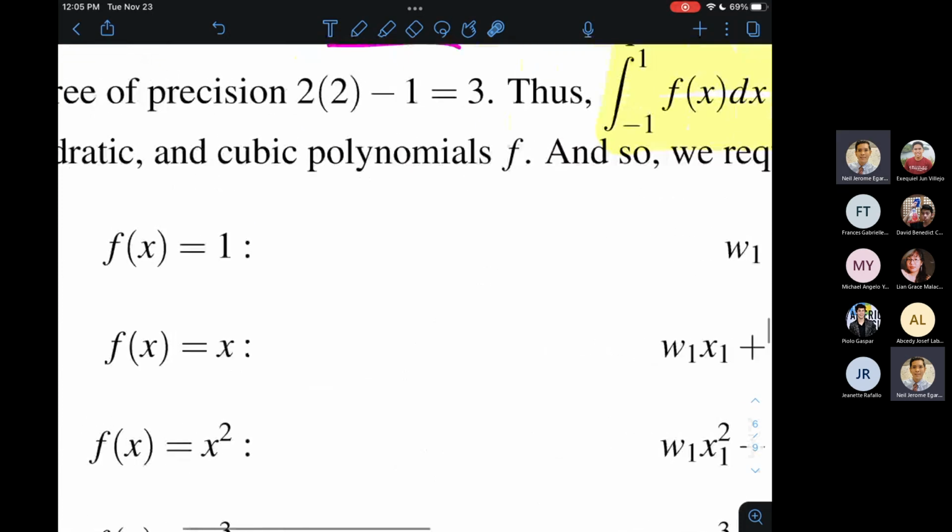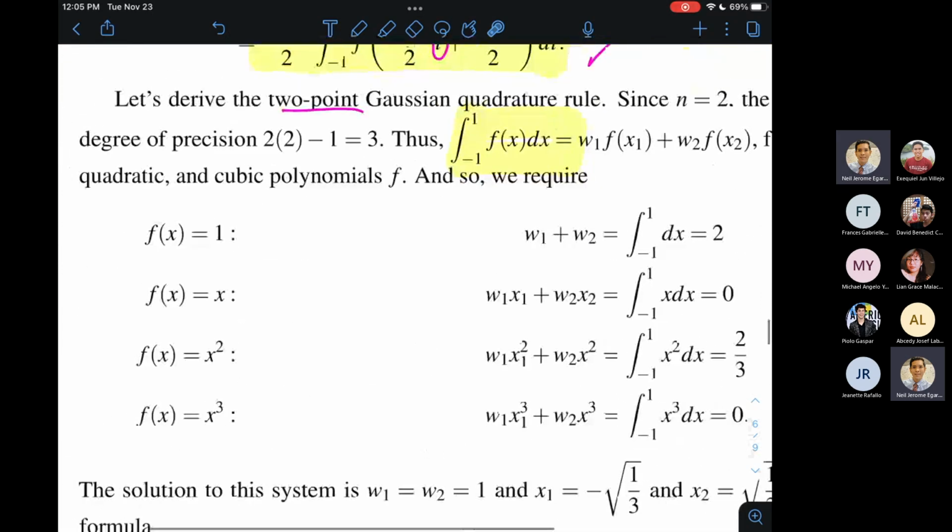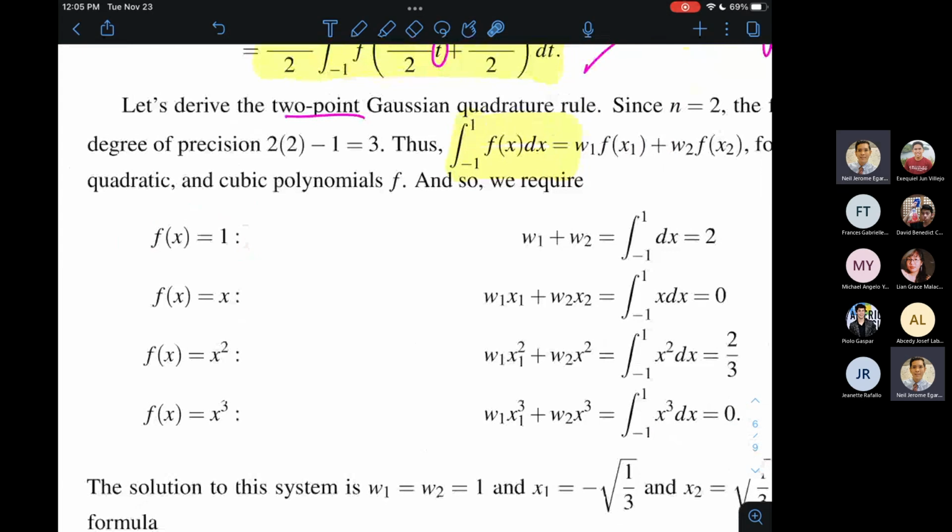Now, if we will replace f by 1, integral lang from -1 to 1 ni 1 dx, so that will just be 1 minus -1, so that would be equal to 2. That's the right-hand side. Tapos, galing dun sa quadrature rule, pag pinalitan ko si f ng constant function 1, this guy will just be 1, this guy will just be 1, so we'll have w1 plus w2. And that will give us the first equation in the system.